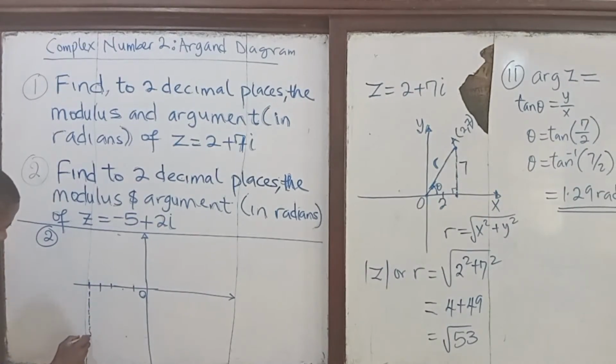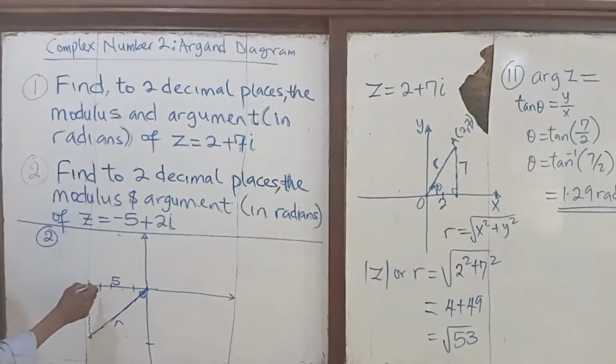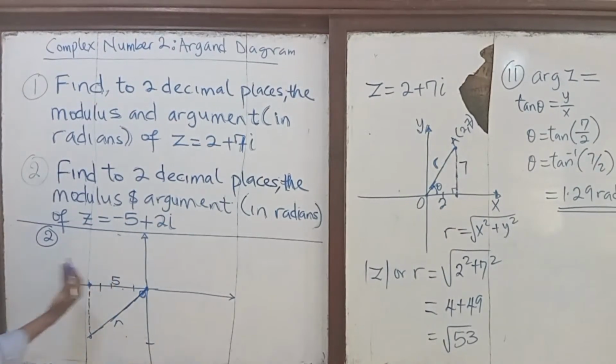Let's stop here for my 2. Then you connect that from the origin. So this is your modulus, from here to here is 5. You don't need to put minus there again because we know that position is the negative side.